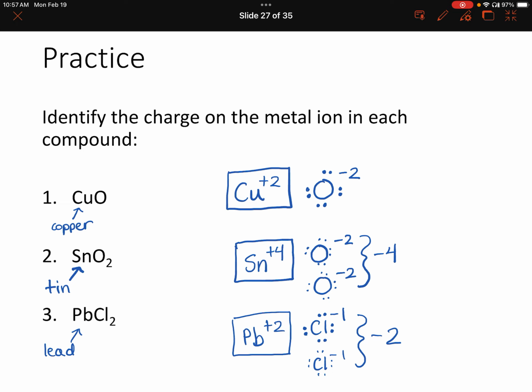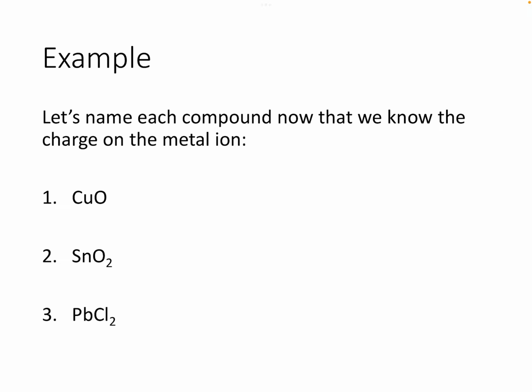All right, so one last thing here. Let's name each of those compounds now that we know what the charge on the metal ion is. So typically, we would name something like NaCl as sodium chloride. So we end the negative ion with IDE.